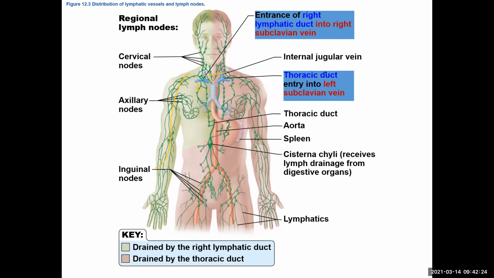One-way system. Lymph only flows towards the heart. If you remember, I just told you that once we collect the lymph from the entire body, this lymph is poured into the vein and it becomes part of the superior vena cava and then enters into the right atrium.